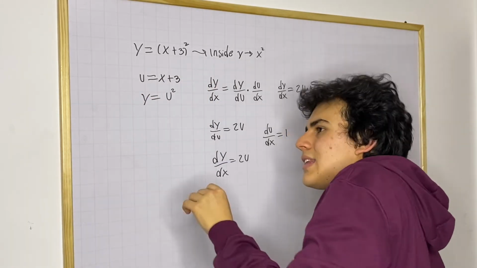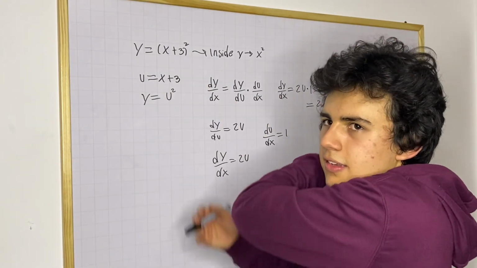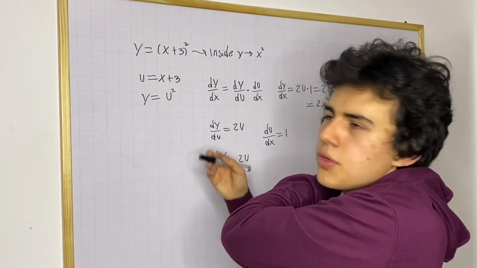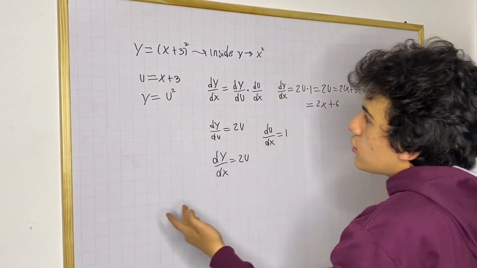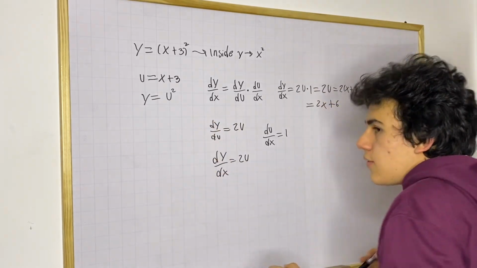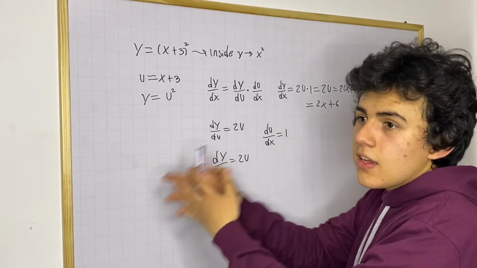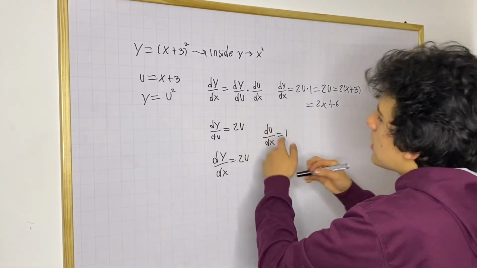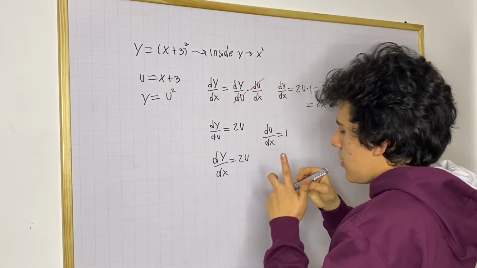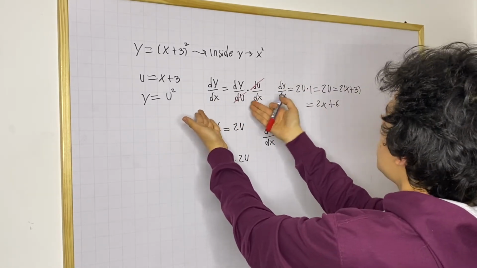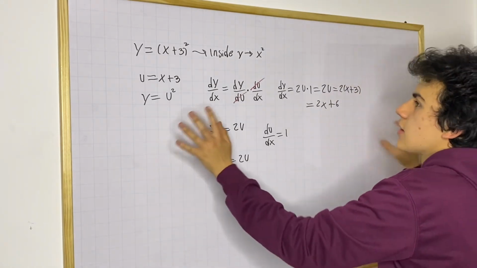So that variable is a function of your inside function's input, which is x in this case, or x plus 3. And then you just simply want to take the derivative of the outside function and then multiply by the derivative of the inside function with respect to x, because mathematically, we know these two are just going to cancel out. And you're just going to get that dy over dx is equal to dy over dx. This is basically the chain rule.